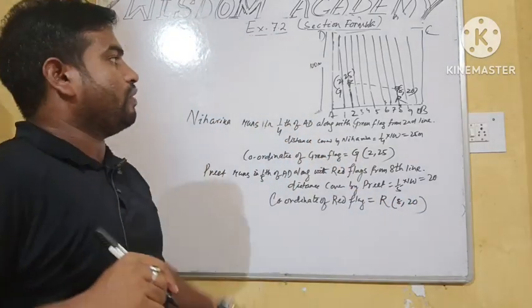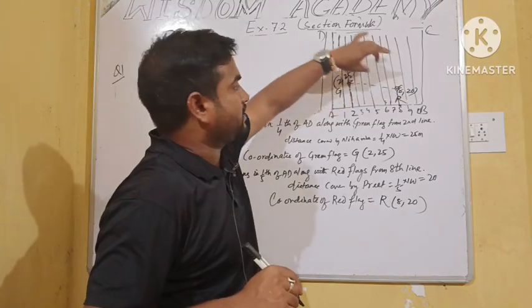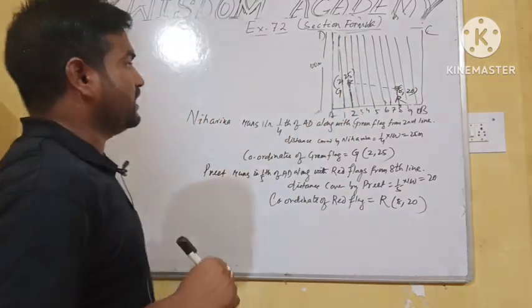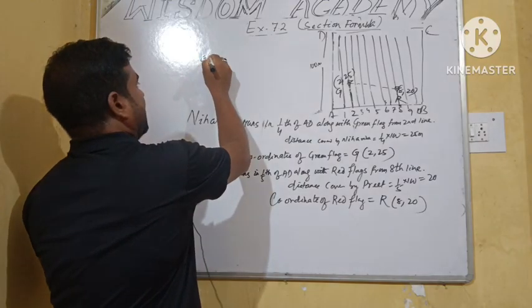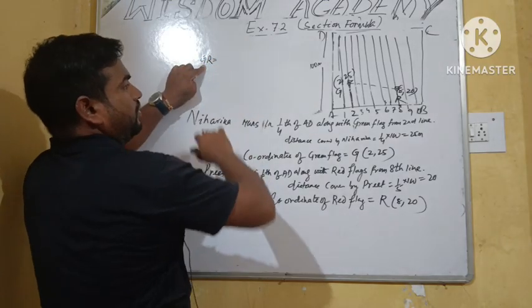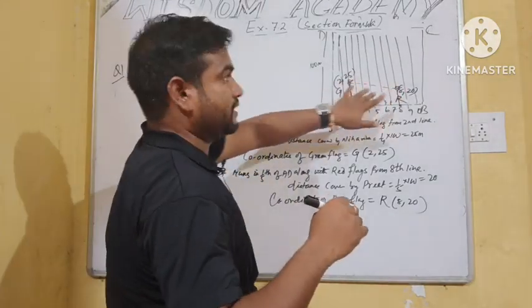Then what is the distance between the two flags, green and red? By using the distance formula, GR is the distance between the two flags.